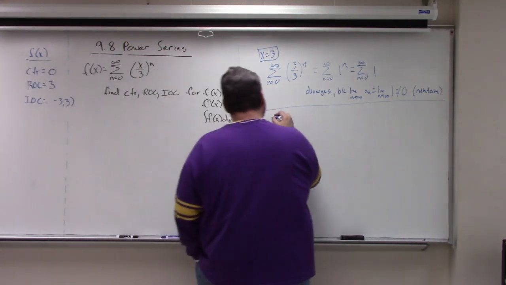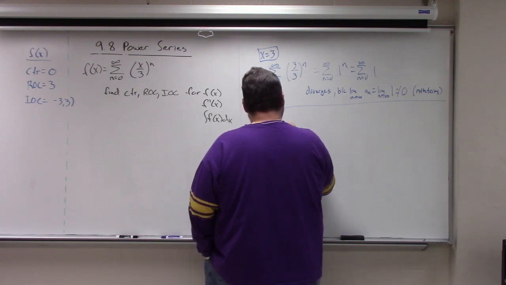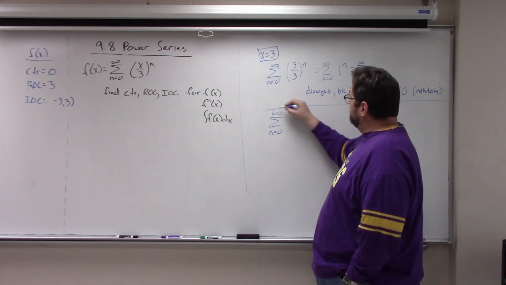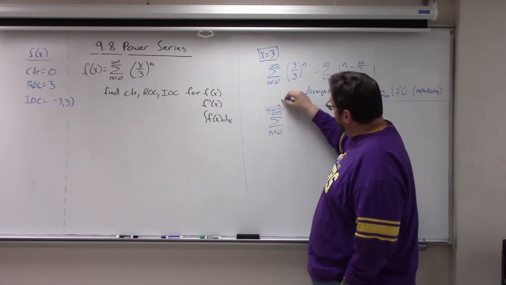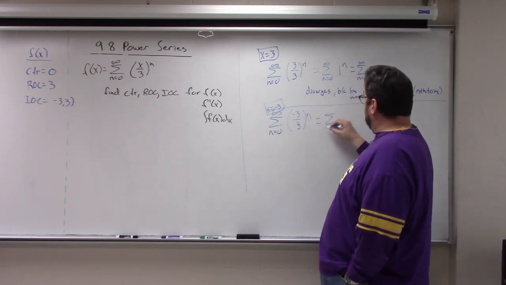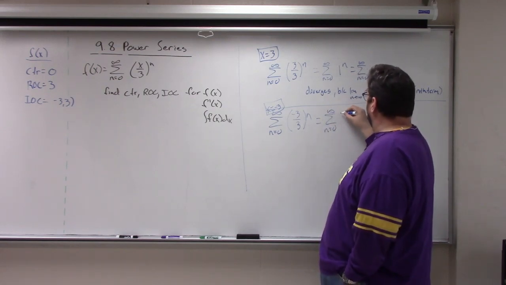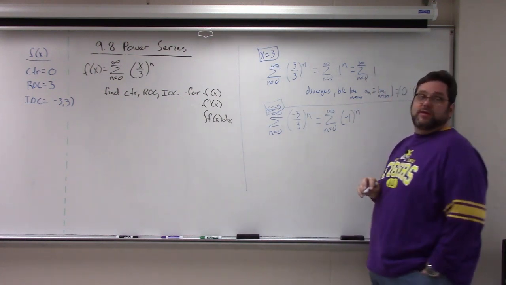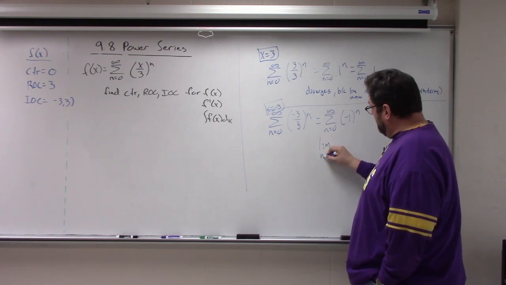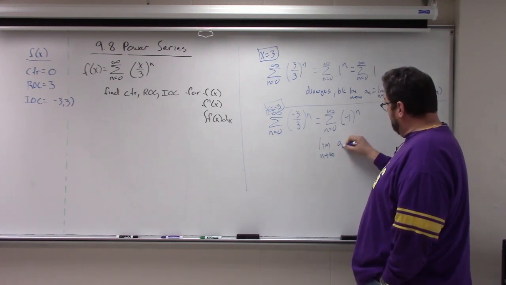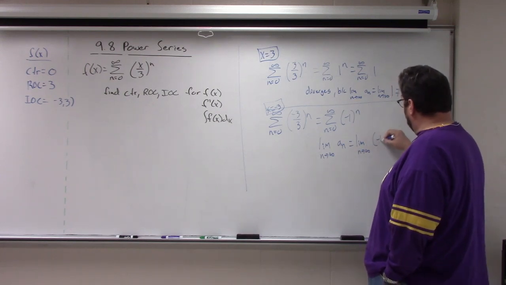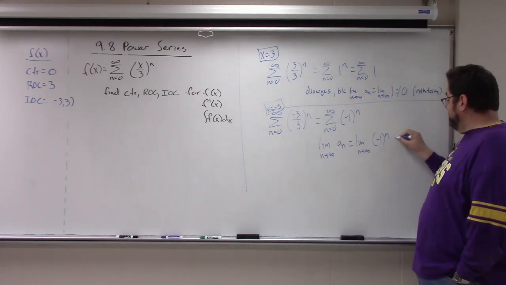Now, you may remember the example we did the other day and be way ahead of me here, because if x equals -3, we're going to get -3 over 3 to the n. So this is going to be the sum from n equals 0 to infinity of -1 to the n. And again, if we look at the limit as n heads to infinity of a sub n, which is the limit as n heads to infinity of negative 1 to the n, this does not equal 0.